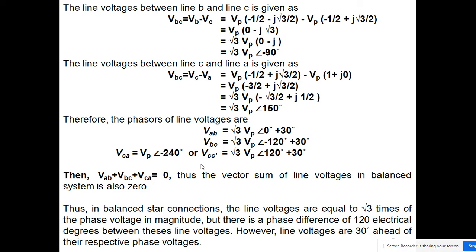However, the line voltages are 30 degree ahead of their respective phase voltages. You can see clearly from this, because the phase voltage notation is just saying this, and in every term you are getting plus 30 degree. So from this and the last slide, you can see this 30.